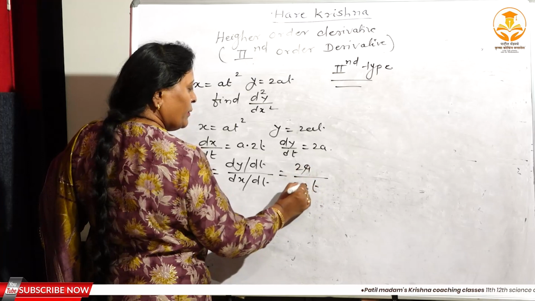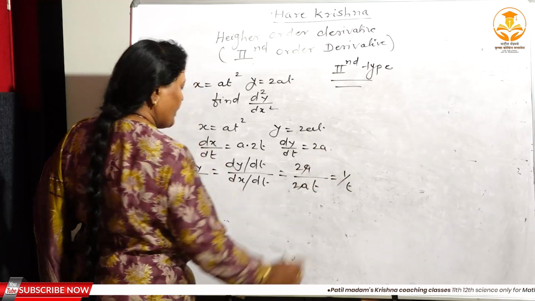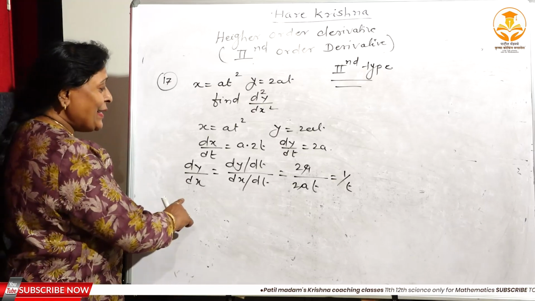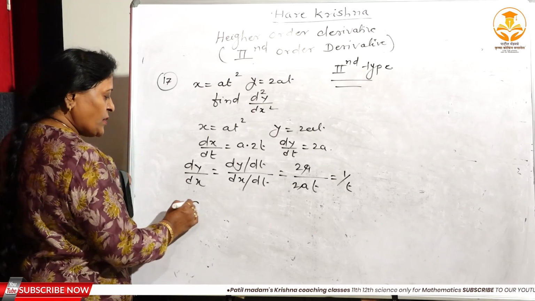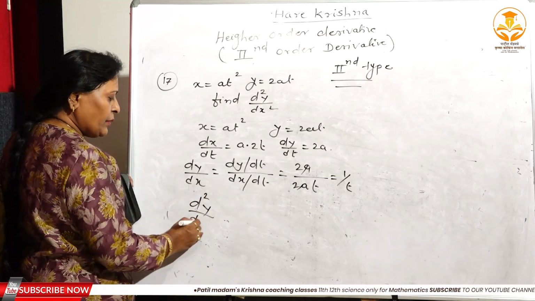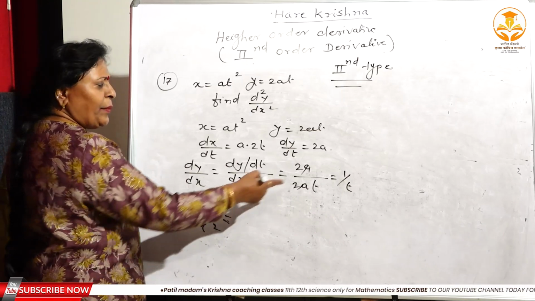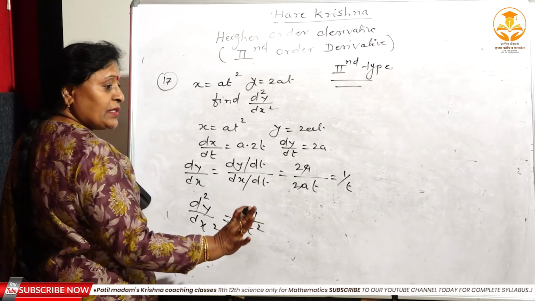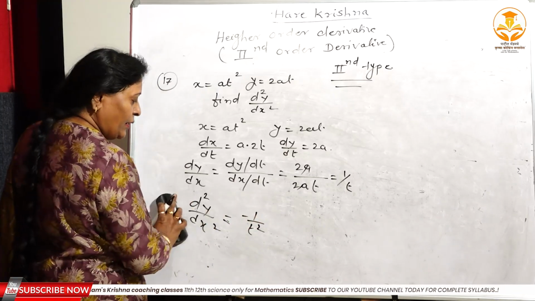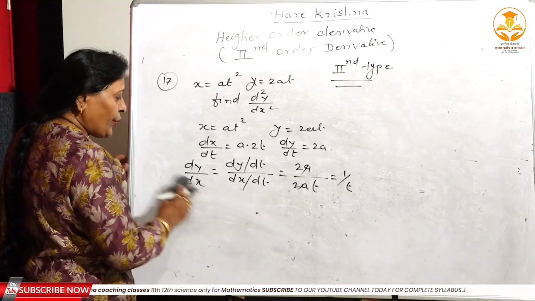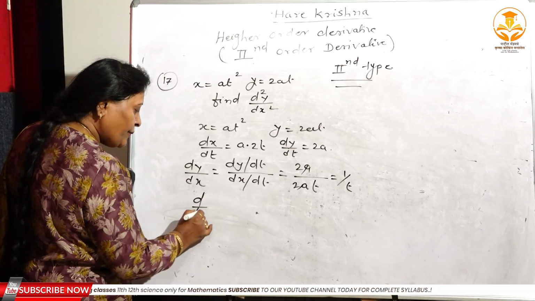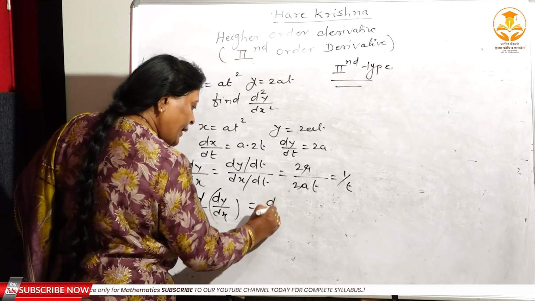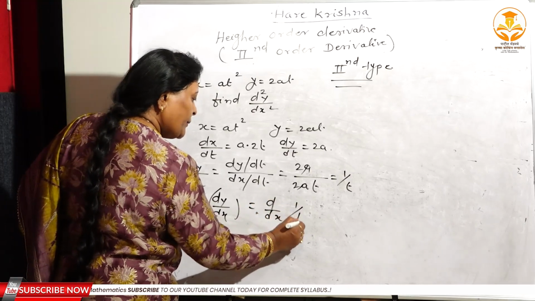Twice a gets cancelled. Now whenever you have to find out the second order derivative, that is d by dx. At once, many students write d2y divided by dx square directly as minus 1 upon t square. But this is not the case, isn't it? This is not the way, because you are taking the d by dx of again dy by dx, and here again d by dx of 1 by t.